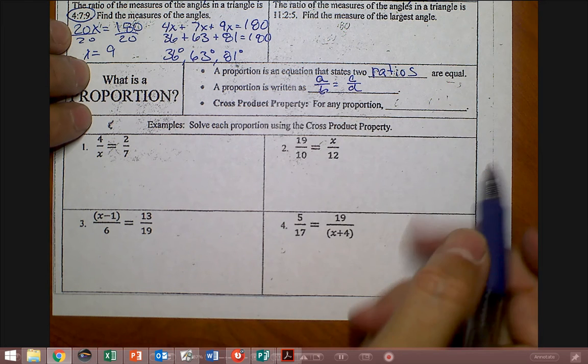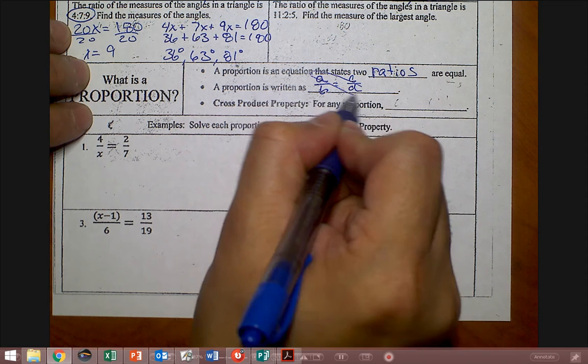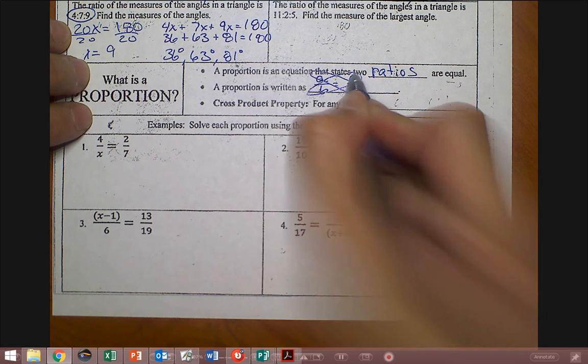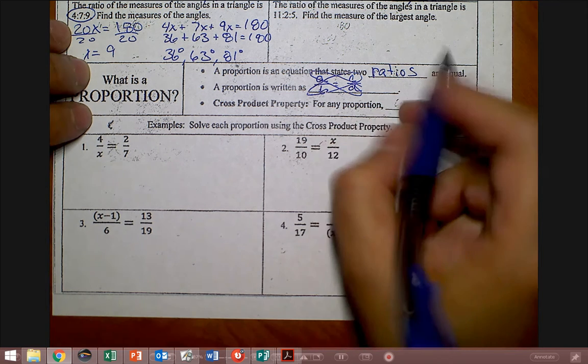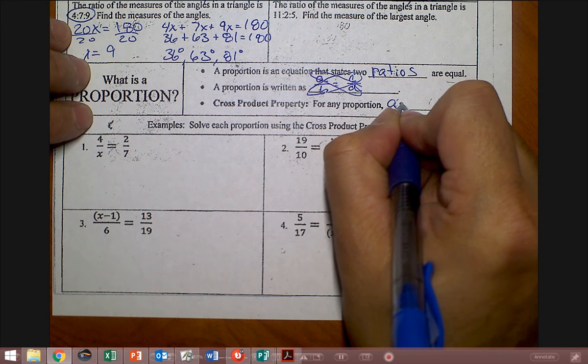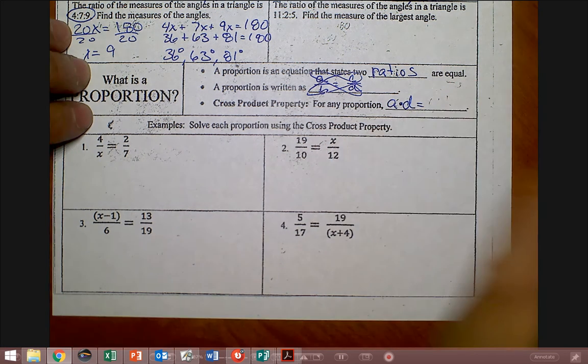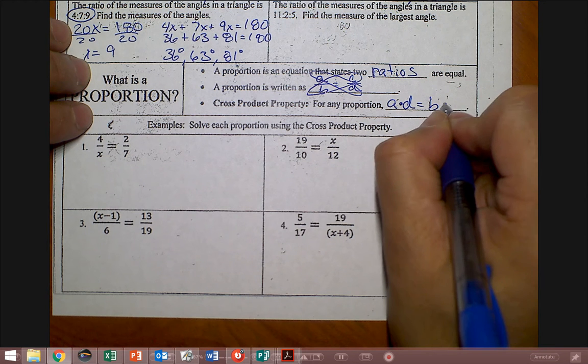When I multiply cross products, I multiply this way and this way. So it's A times D is equal to B times C.